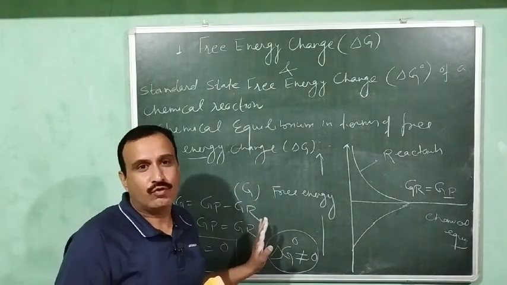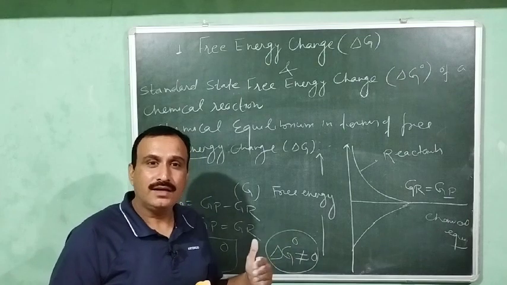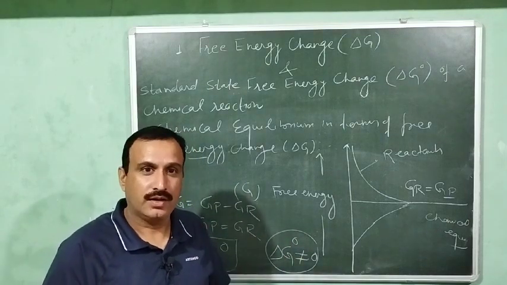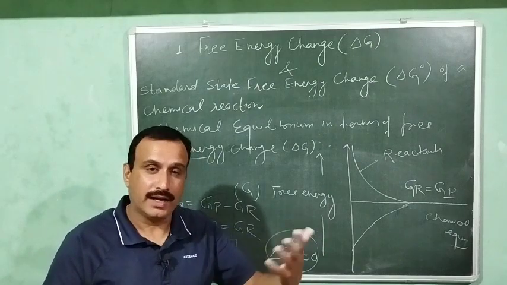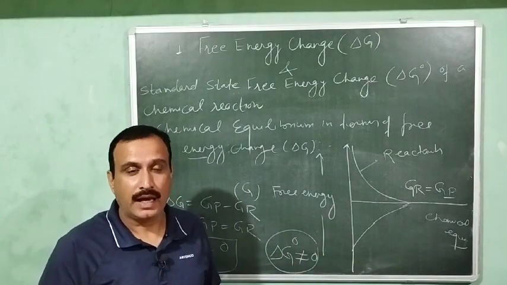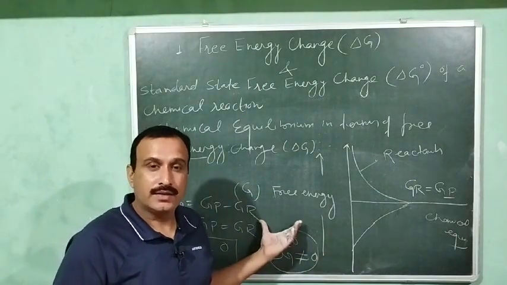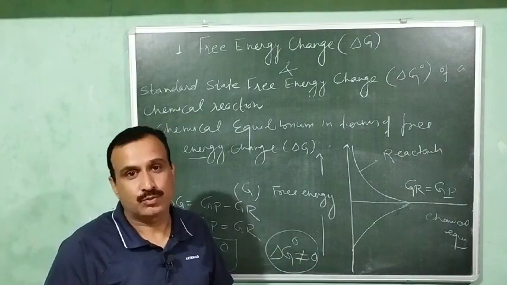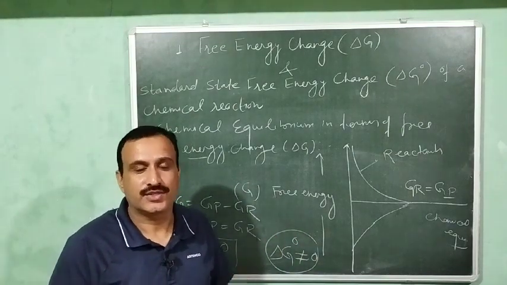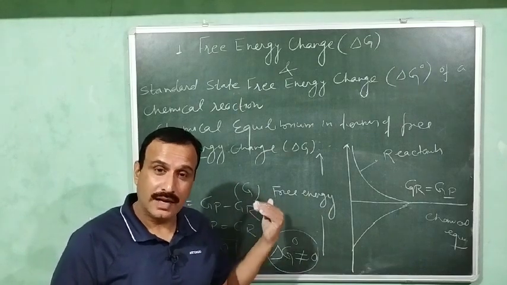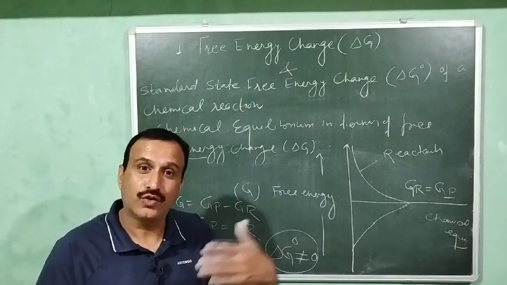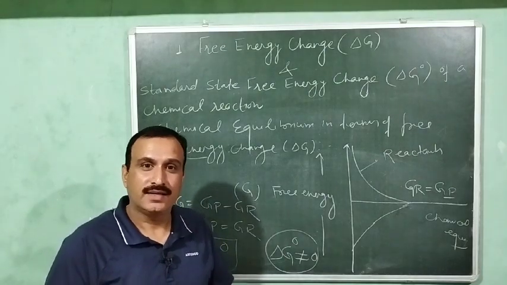What very interesting question arises that in reversible reaction, both forward and backward reaction takes place, and I have explained it that for a spontaneous process or spontaneous reaction delta G is negative. So does it mean that your delta G is negative for both forward as well as backward reaction?